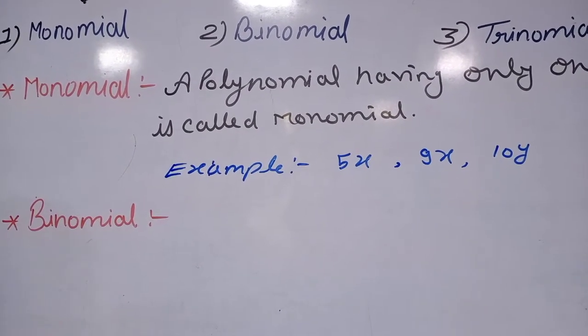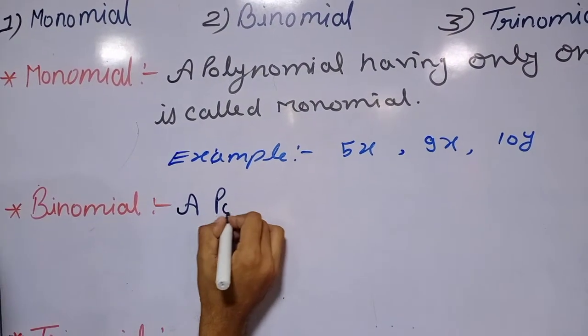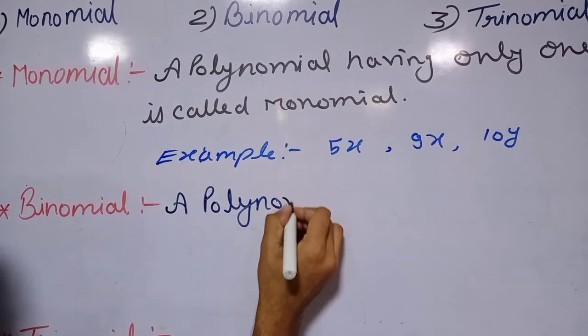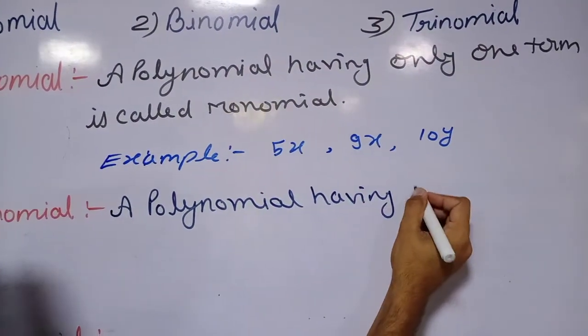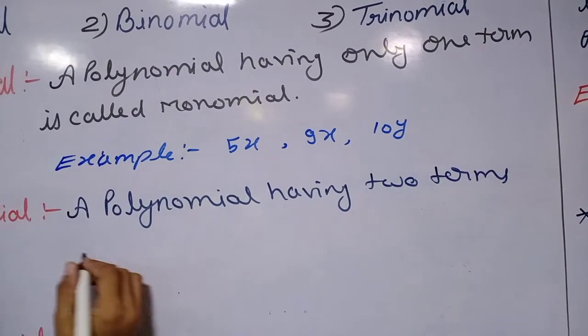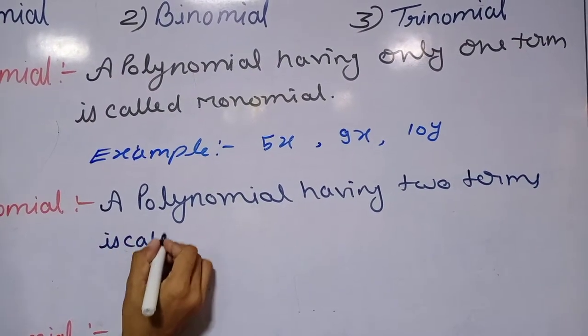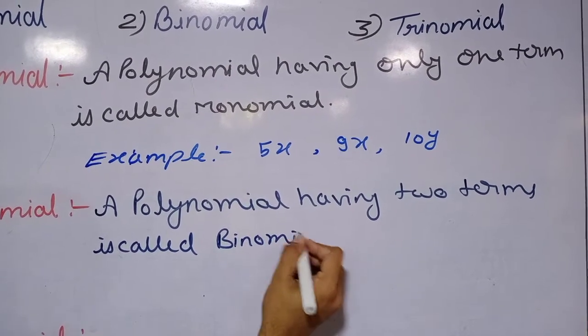The same way, a polynomial having two terms is called binomial.